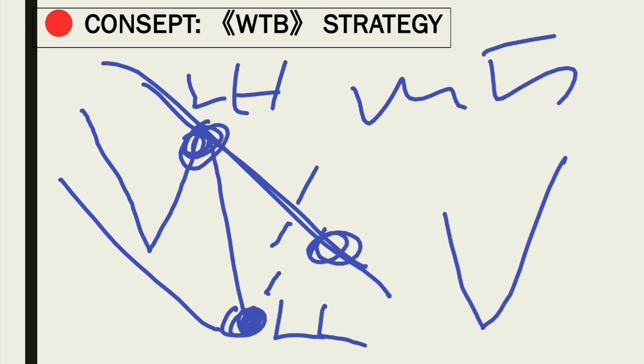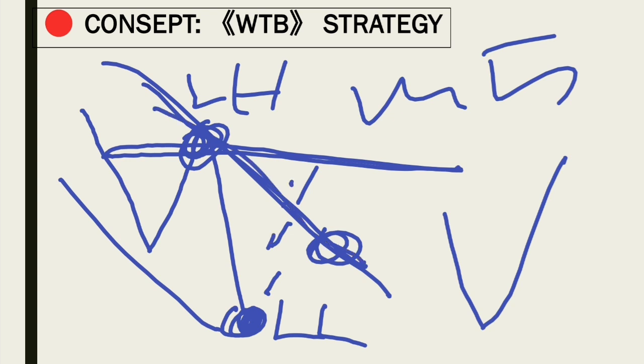We have to draw our key level here, at the previous lower high. So we wait for the market to come and break our trend line. That is the first confirmation that the market wants to move up, and then it also breaks our key level, the last lower high.